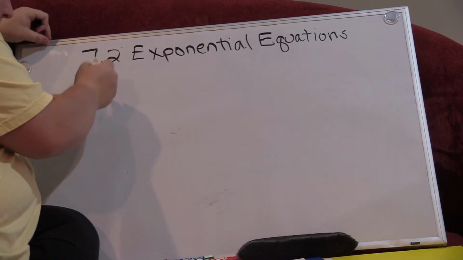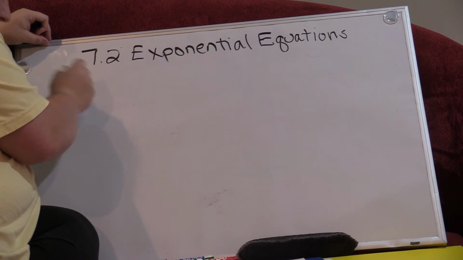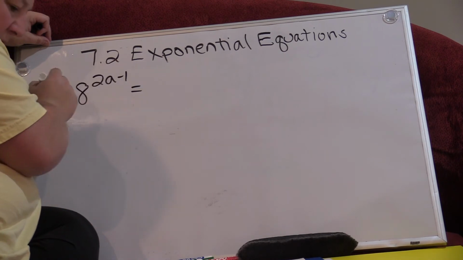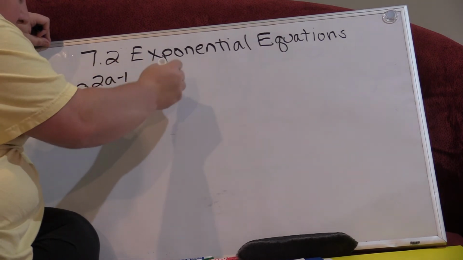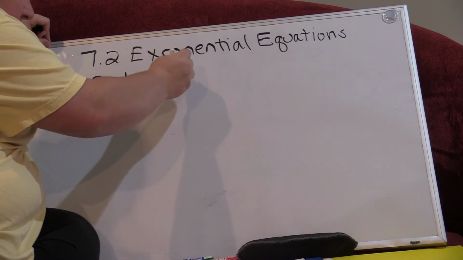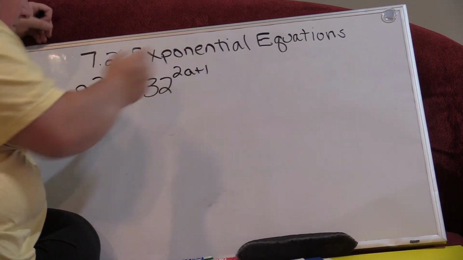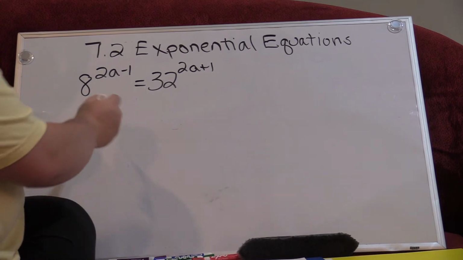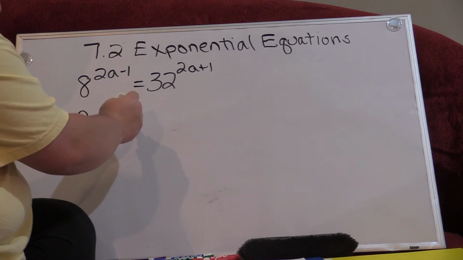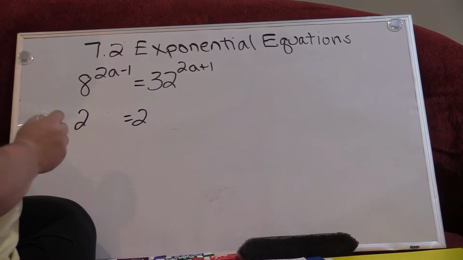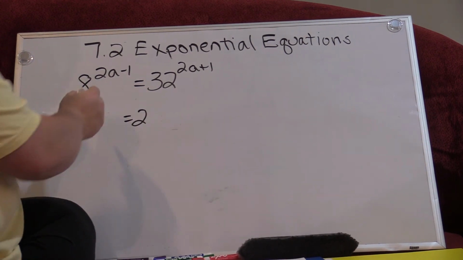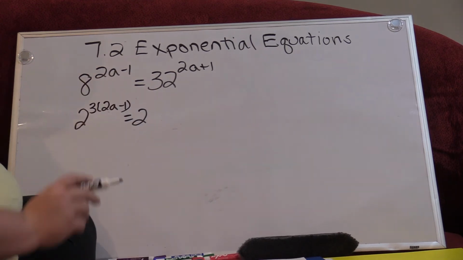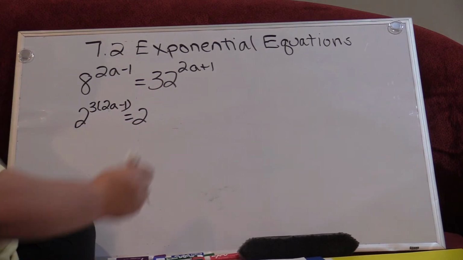Now, I have 8 to the 2a minus 1 equals 32 to the 2a plus 1. So now I have to make them both have bases of 2. So 2 to the what power is 8? 2 to the 3rd power. And 2 to the what power is 32? 2 to the 5th.